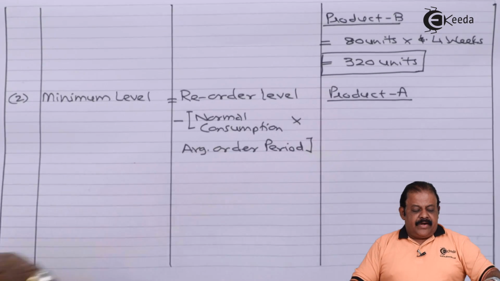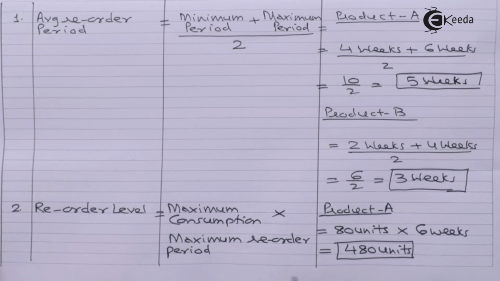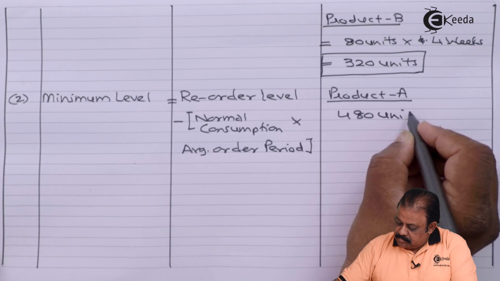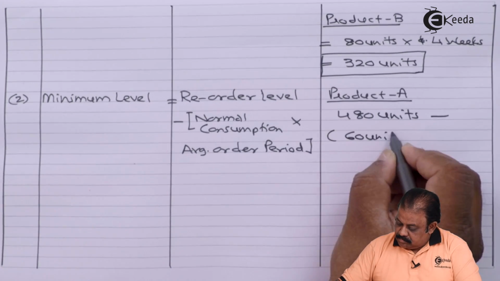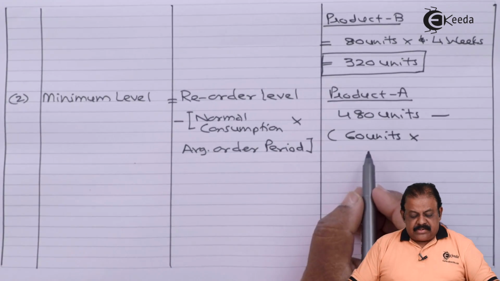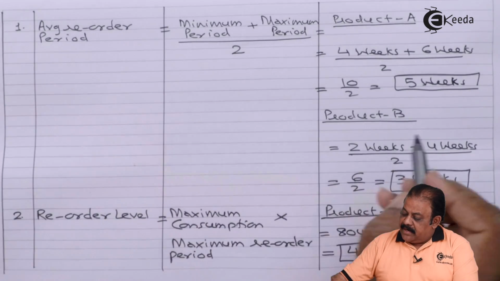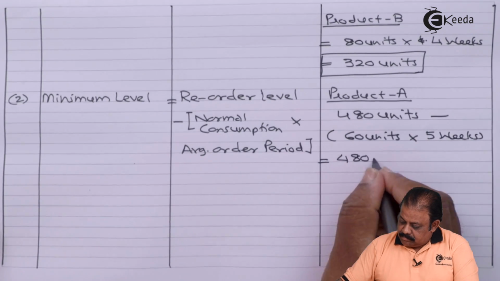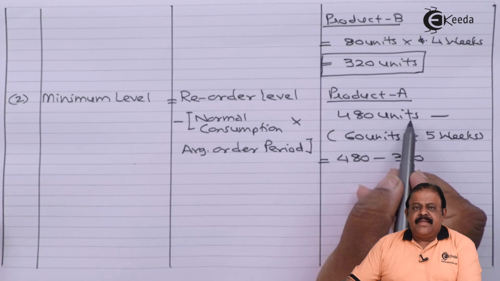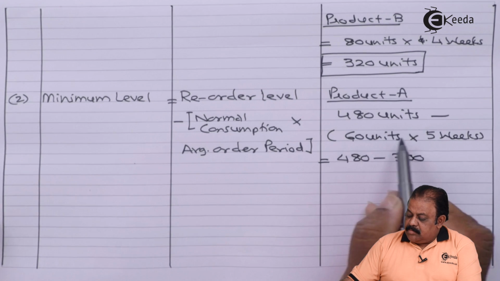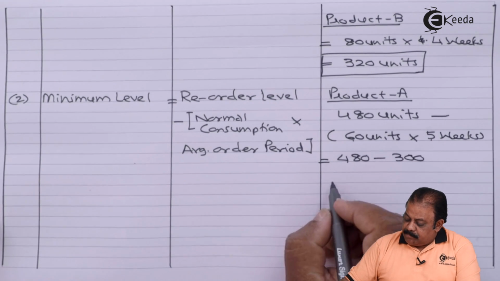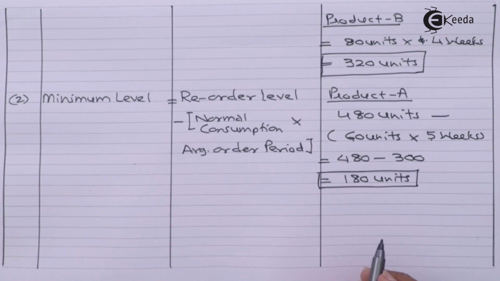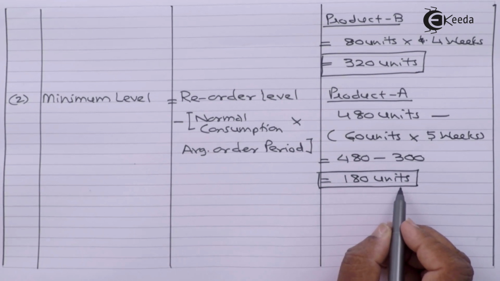Reorder level we have calculated, in case of product A, is 480 units. Normal consumption 60 units, average reorder period 5 weeks. 480 minus 60 multiplied by 5, it will be 300. So in case of product A, minimum level is 180 units.